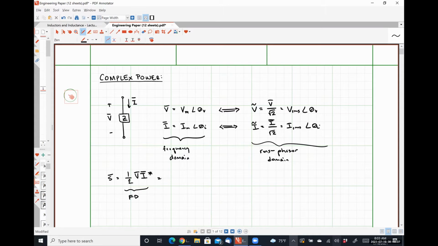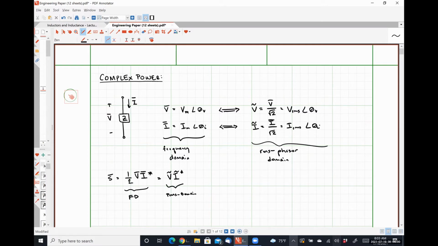And obviously then this would simply be equal to RMS phasor voltage V times the complex conjugate of the RMS phasor current I, like so. So this is the RMS domain.